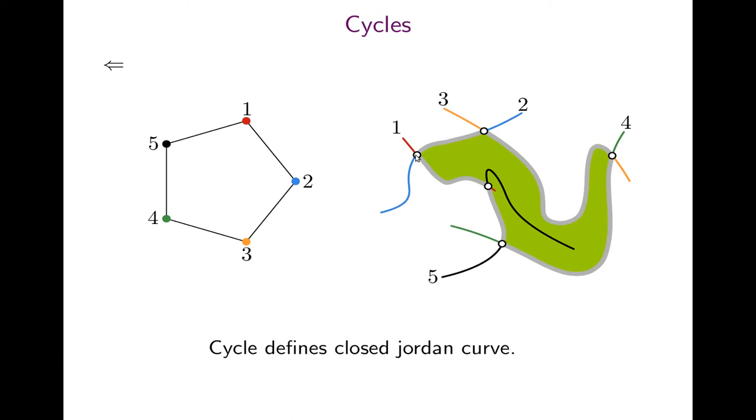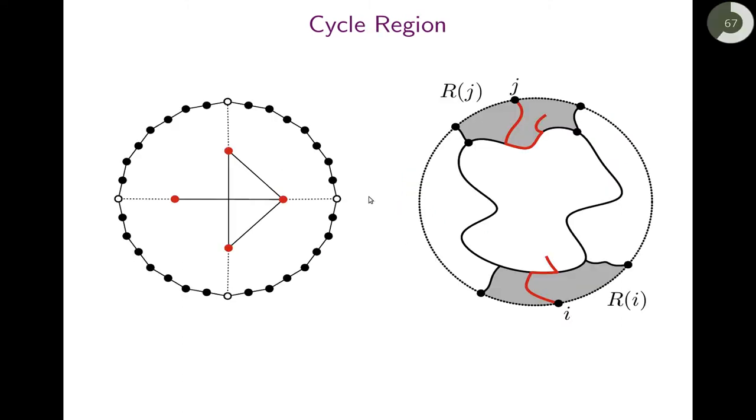For the second string, I look at the intersection, it has two intersection points, one with the first string and one with the third string, and this will be the first part of my closed Jordan curve. And then for the third string, I look at these two intersection points and I take the part in between, and so on and so forth. This defines my closed curve, an interior of this closed curve and an outside of this closed curve. Okay, how to use this?